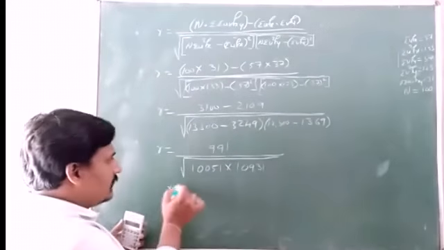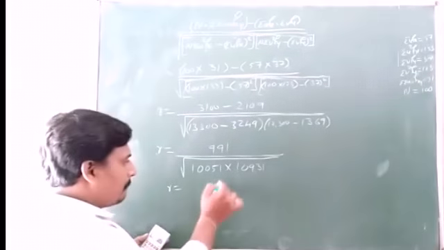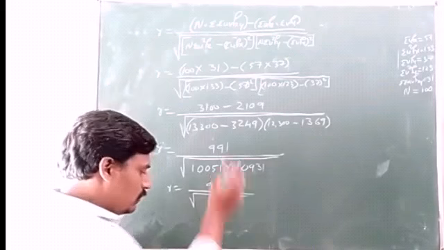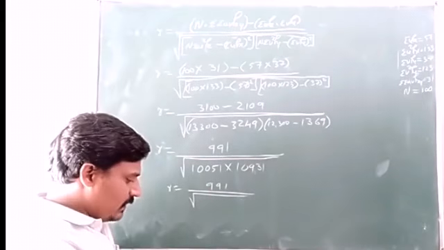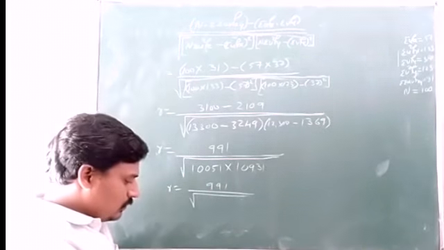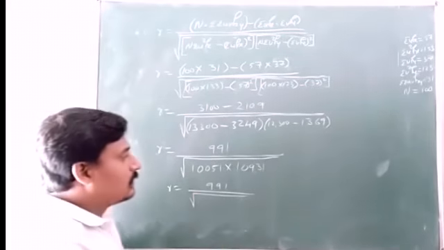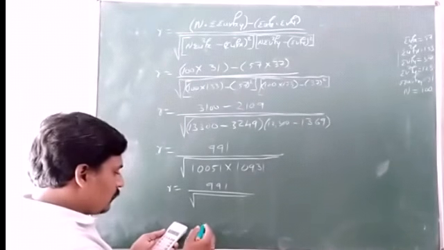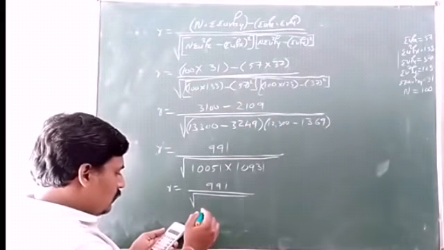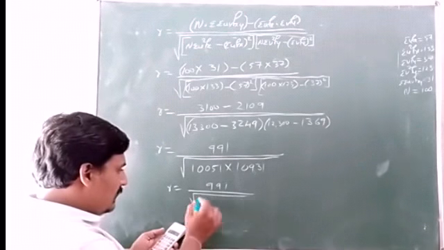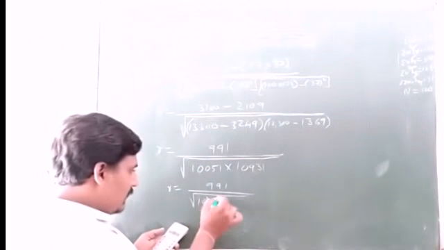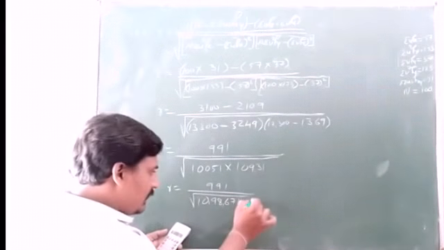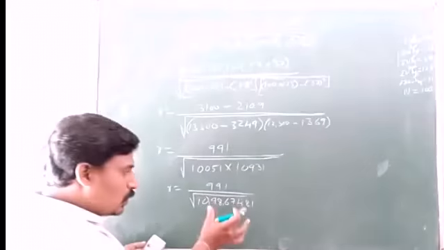So r is equal to 991 divided by root of the product of these two. So 10,051 into 10,931 amounts to 10 crore 98 lakh 67,481. Now the root of this figure.